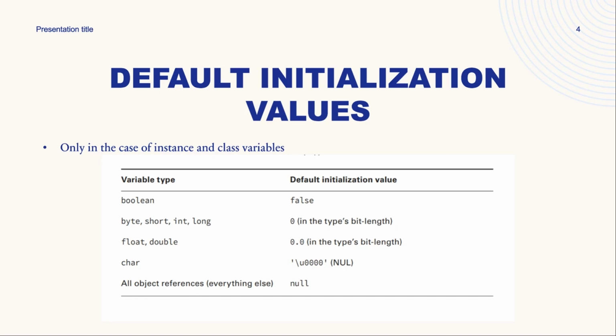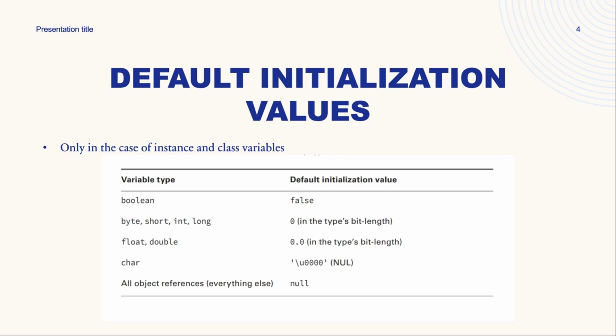Any kind of other objects, if it is string, or if it is for example any kind of class variable like a reference variable or something like that, then it is automatically assigned a null. Very easy to remember.